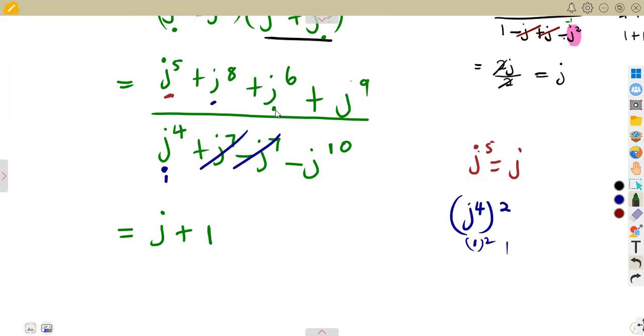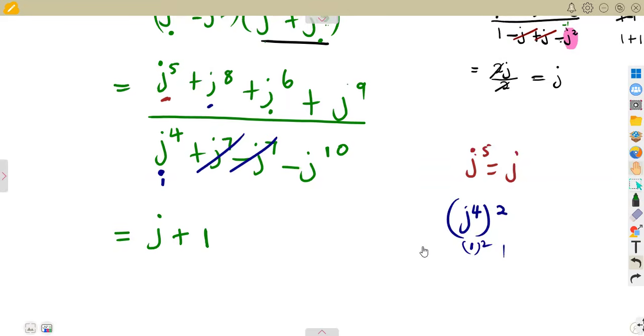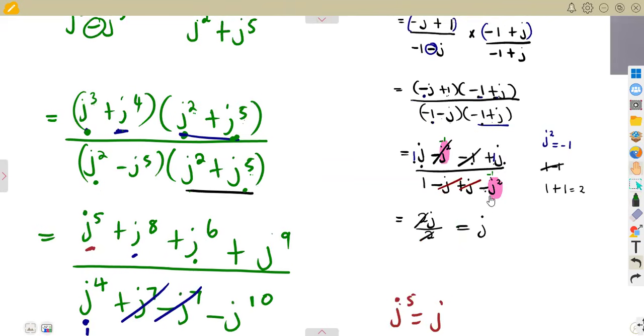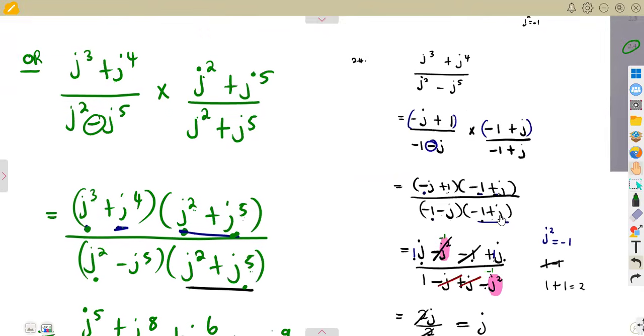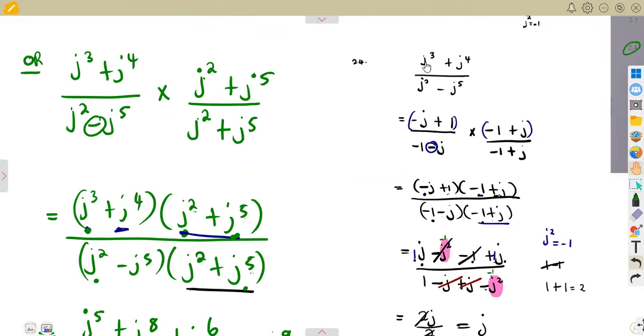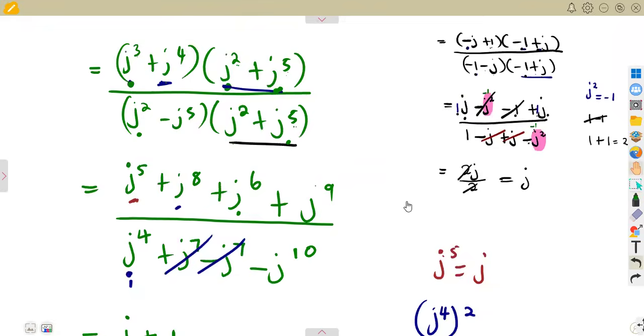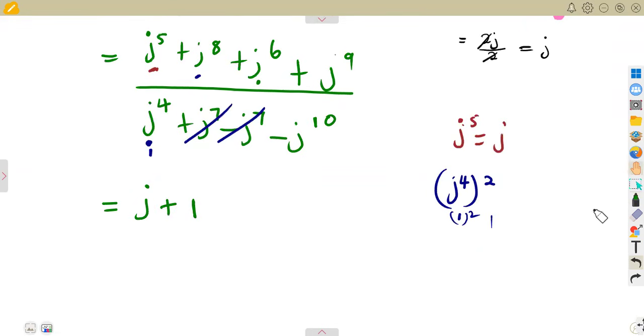j to the exponent of 6, we can simplify. Before, we simplified j to the exponent of 3, remember, and it gave us a minus j. So if j to the exponent of 3 gave us a minus j, j to the exponent of 6 is same as j to the exponent of 3 to the exponent of 2.